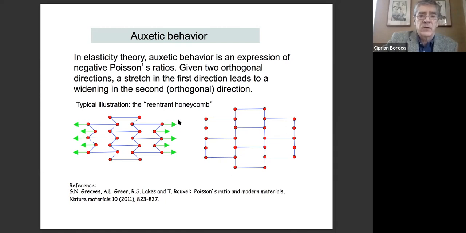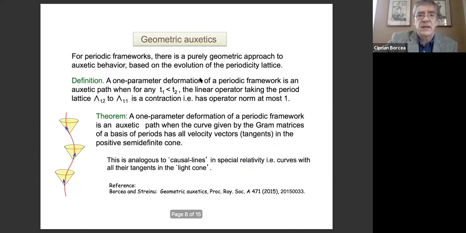Now we go to the mathematical definition, which was introduced in my work with Ilana, and here's the reference. So let's see how this can be formulated in a purely geometric way.